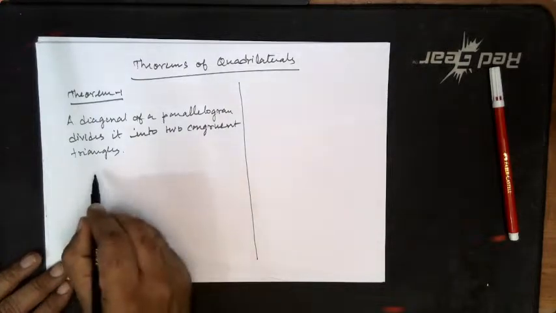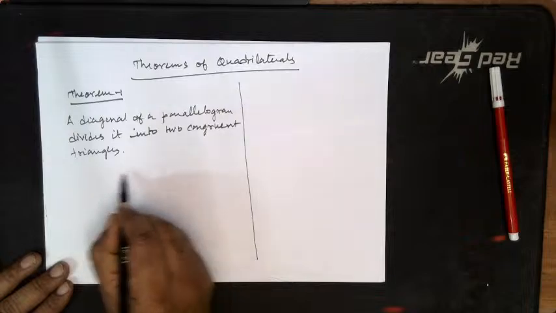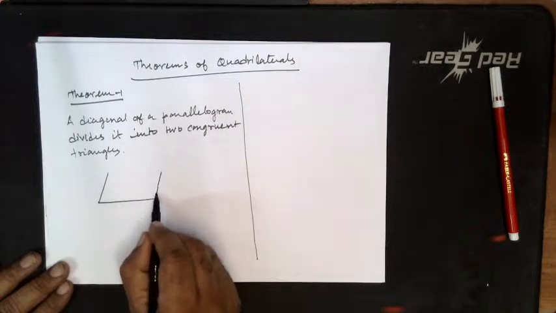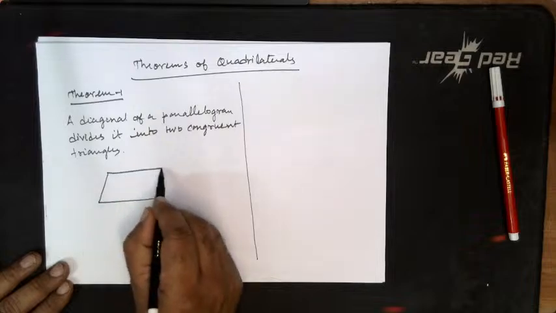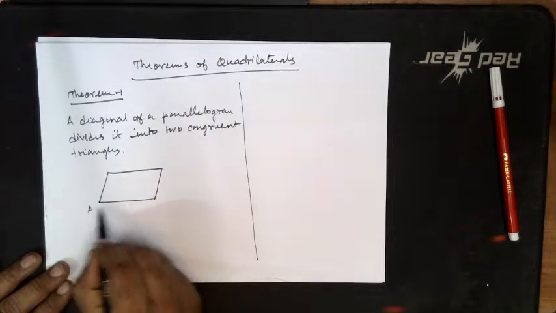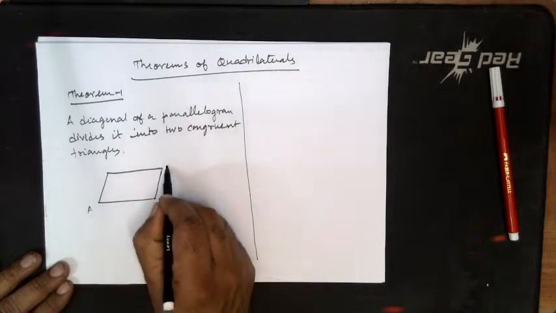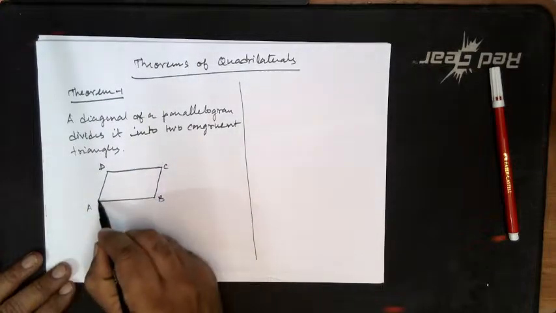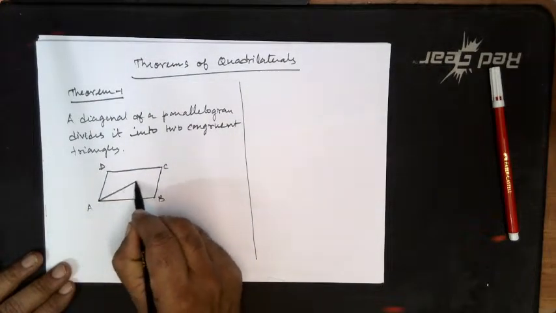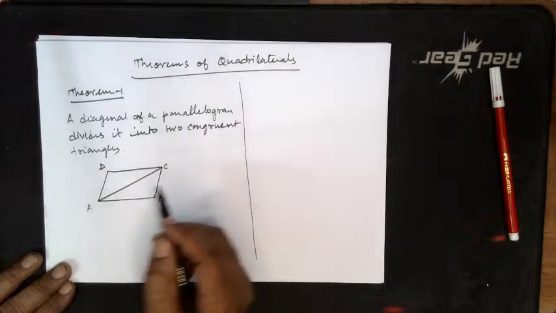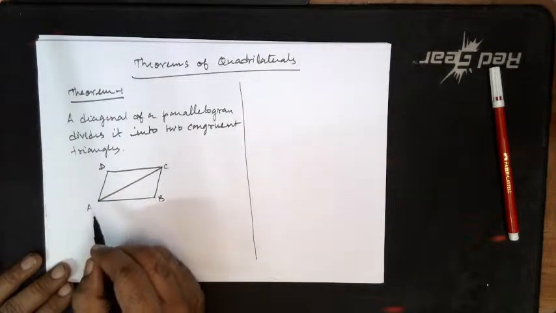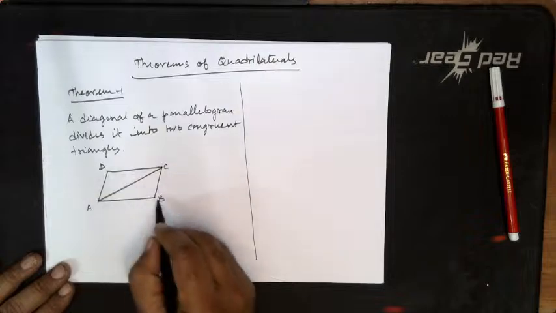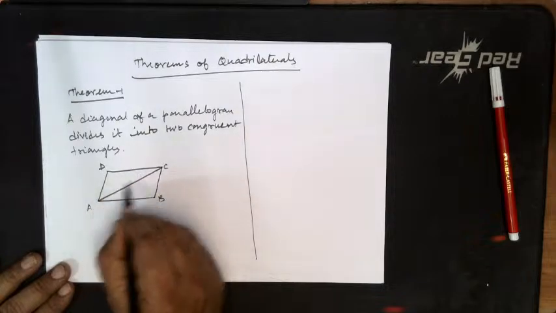Now let us draw the diagram for this. Let us consider the parallelogram A, B, C, D. Now let us draw a diagonal that connects the opposite vertices. So here you are able to get two triangles.